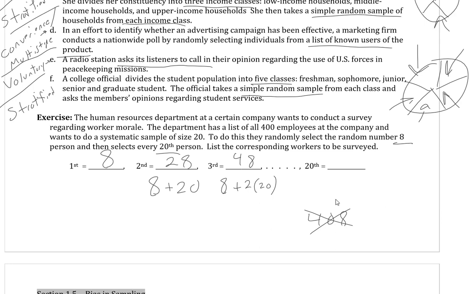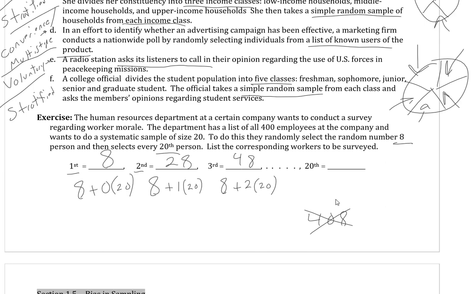The reason is we need to pay attention to the pattern here. When we're adding 20s, we're not just going to be adding 20 20s here, really. So we're not just going to be doing 20 times 20 and adding that to 8. If we look at this, we start at 1, and so we did 8 plus 0 20s. We didn't add any 20s. And then when we did the second person, we added a singular 20.